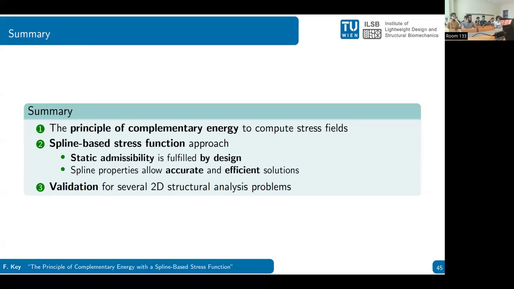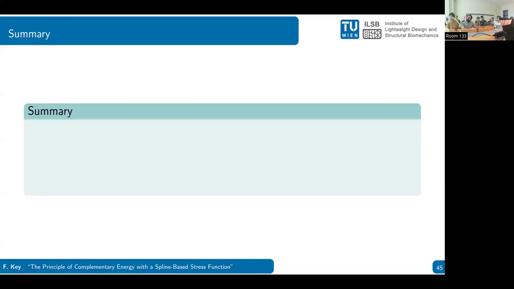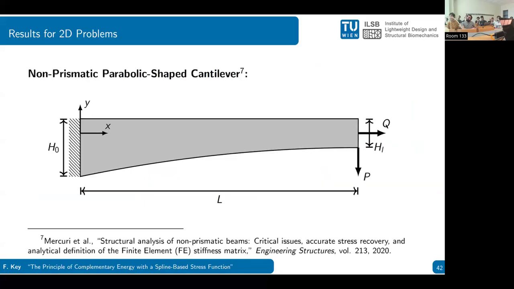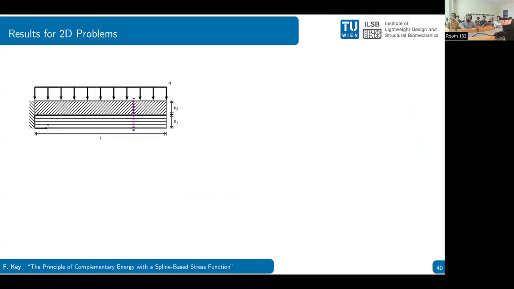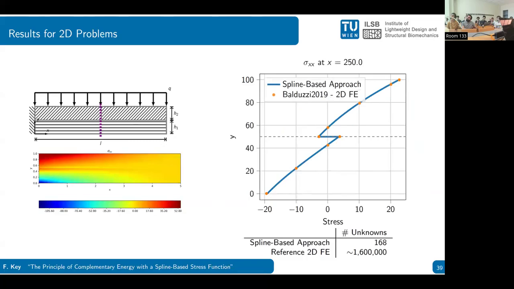Thanks a lot. If you go to the second test case, the one with the bilayer cantilever, there you have, as you mentioned, the discontinuity because you have different materials. But this is the sigma xx.